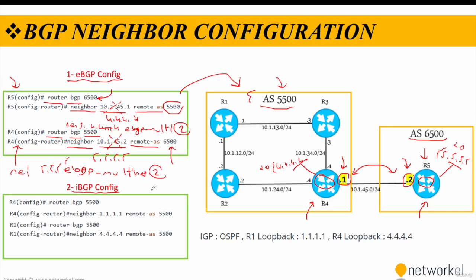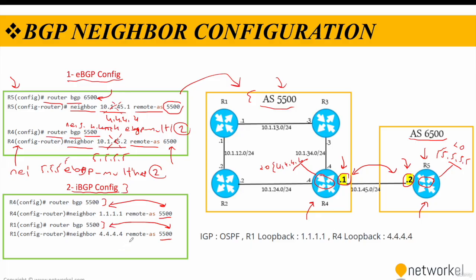And in the second configuration, I am doing an iBGP configuration, between router 4 and router 1 this time. What I'm doing is again typing router BGP and the AS of the router that it belongs to. This time the remote AS will be the same as this AS number because the iBGP neighborship is established within the same AS, as we know.